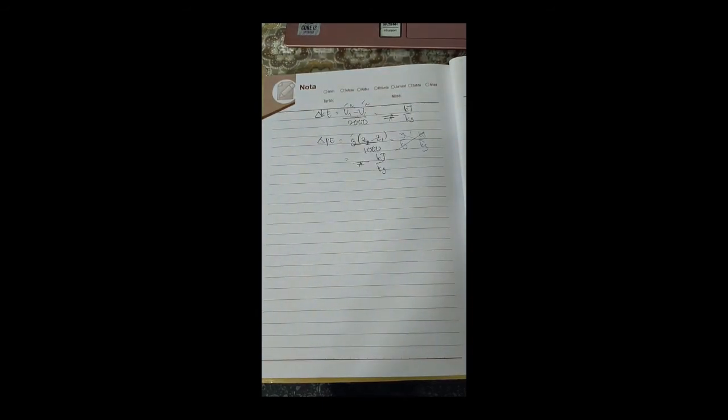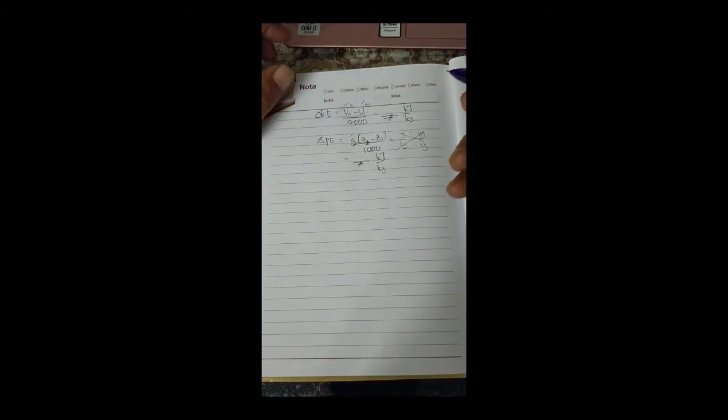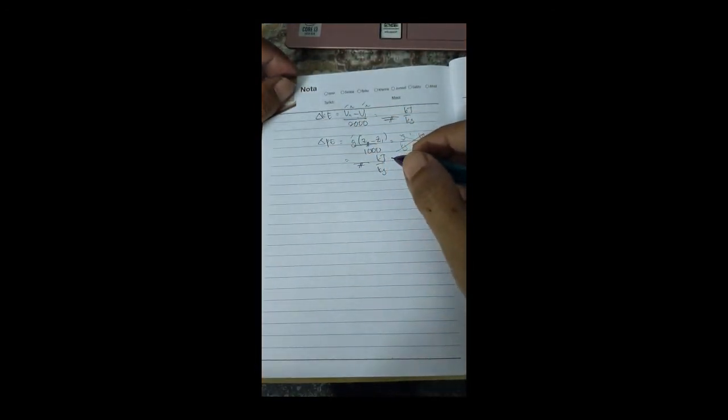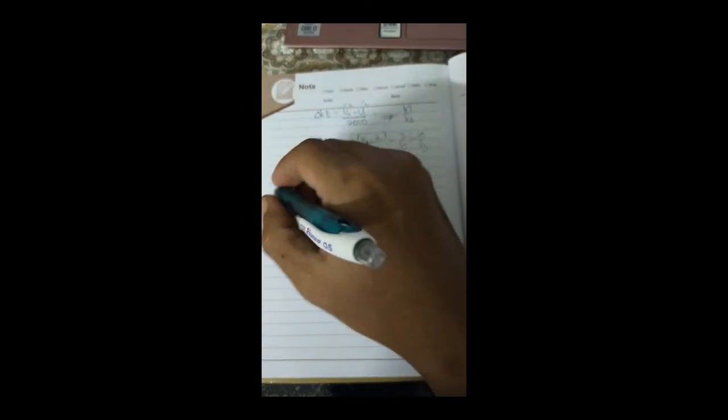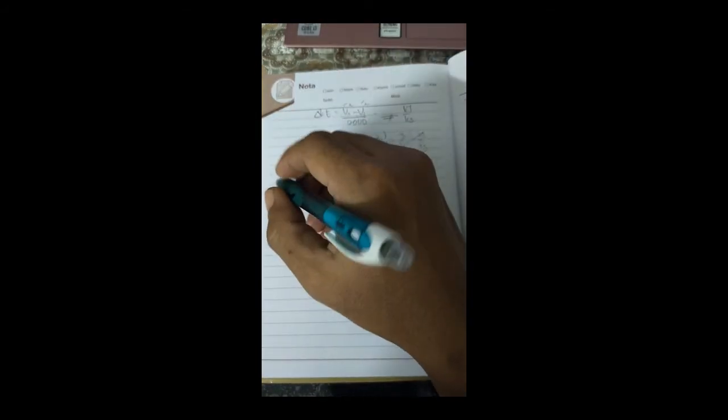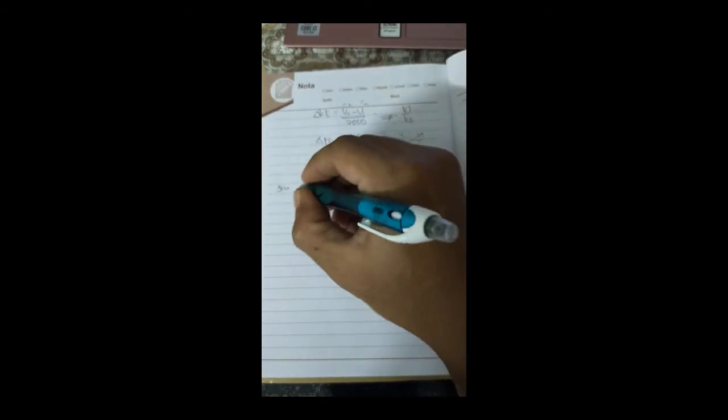Okay, alright, so in general question number 2 is to determine the work done. So for work done, we need the general equation.